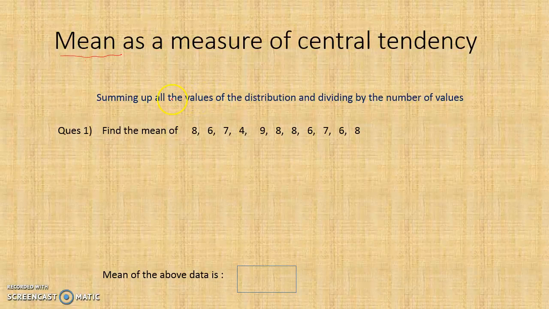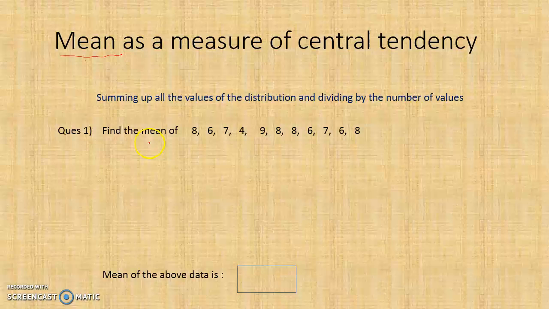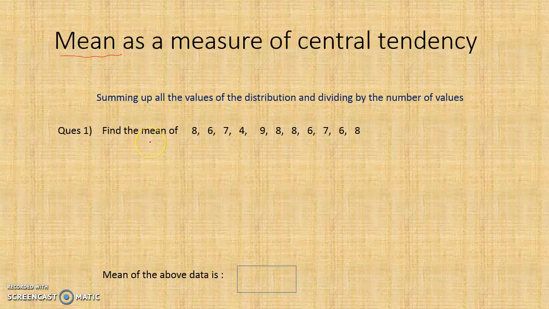Let us do this for the example which follows. Find the mean of 8, 6, 7, 4, 9, 8, 8, 6, 7, 6 and 8. So by the definition of mean, what I'm going to do is add up each of these values.